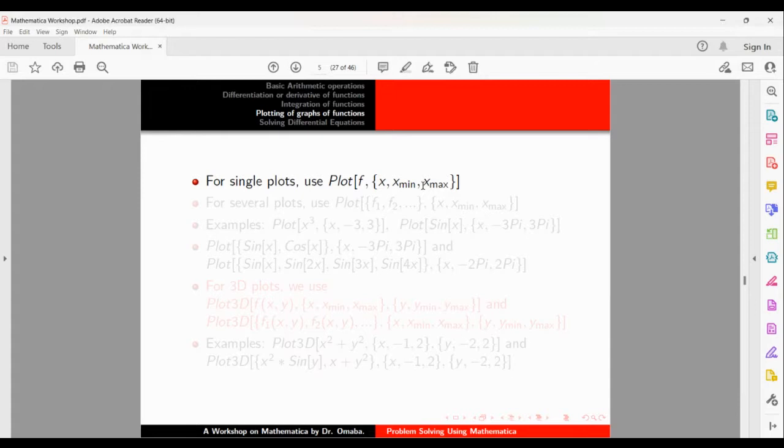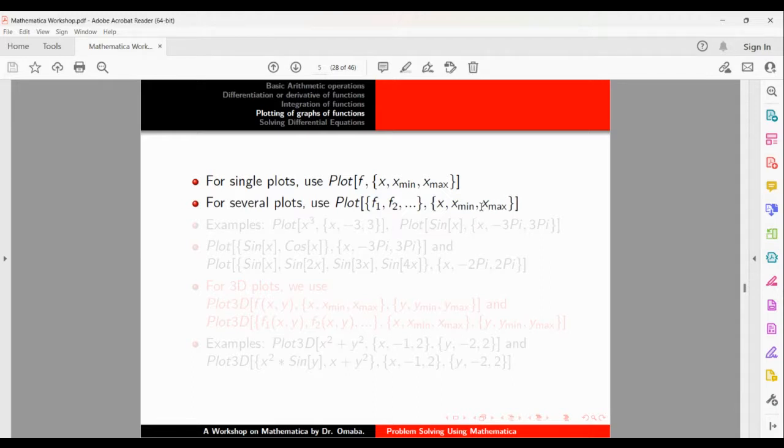Also, if you want to plot several functions, here you have to write the functions that you have, and then also specify the range.